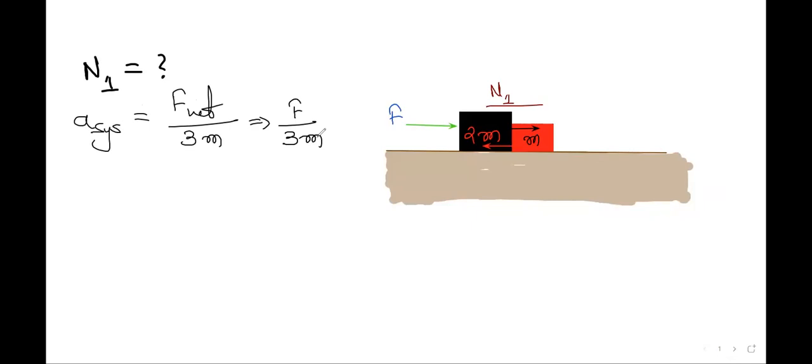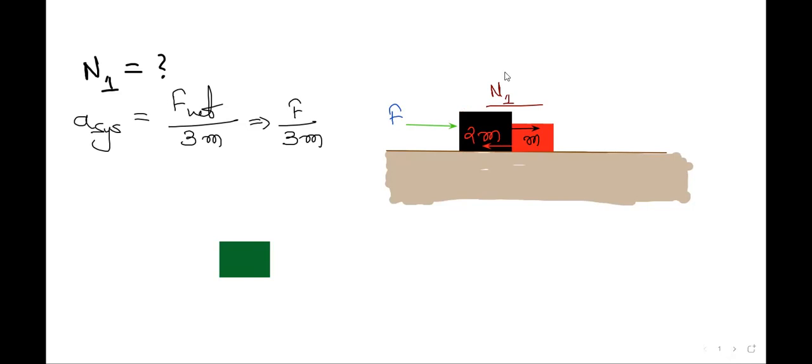Now I would like to solve N1 by using two methods, that is, by using this 2m mass and after that this m mass. So now let's make a free body diagram of 2m.